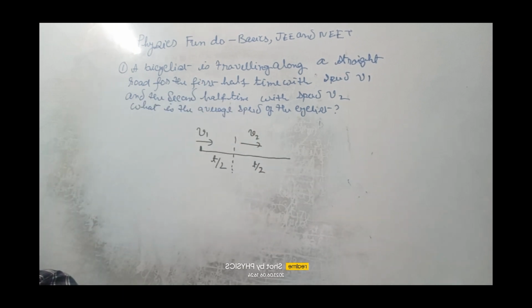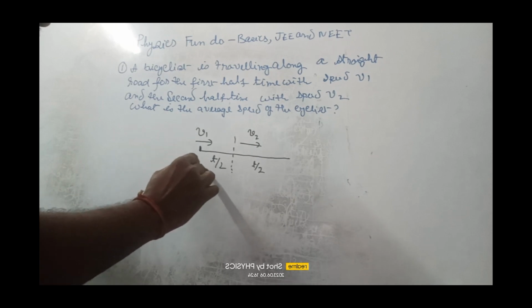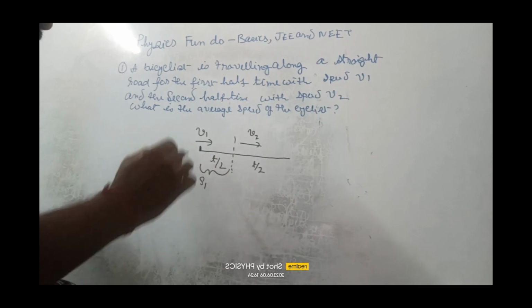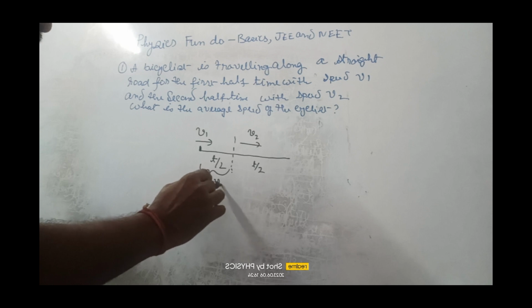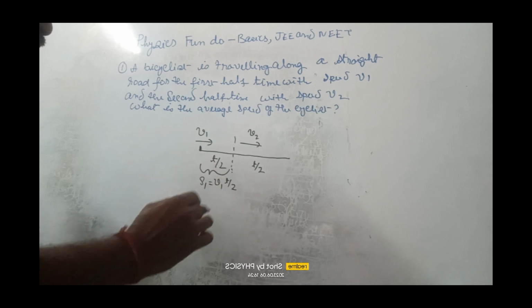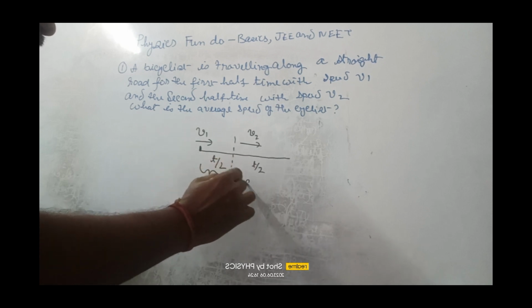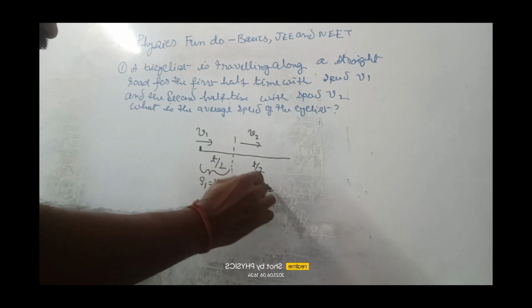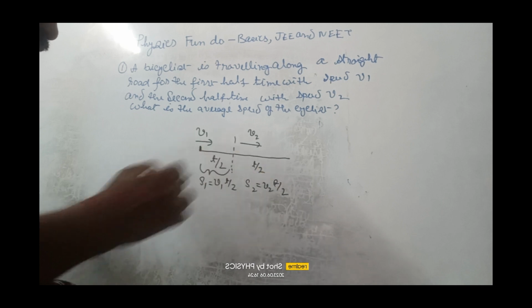Now we first find the distance. So distance s1 is equal to v1 into t by 2, and for the second half s2 is equal to v2 into t by 2.